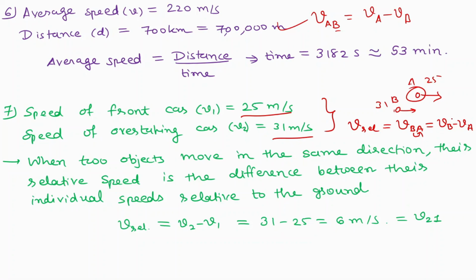So put the values here. The speed of car B is 31 and the speed of car A is 25 meters per second. You get the answer 6 meters per second. It is the relative speed.